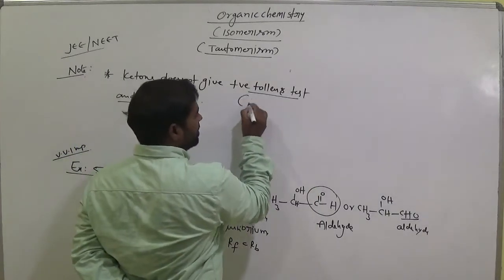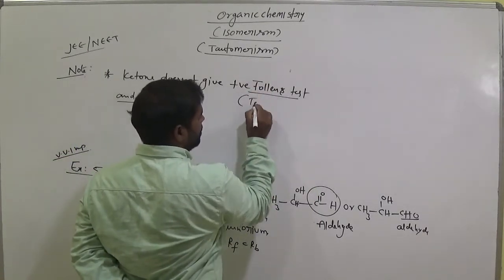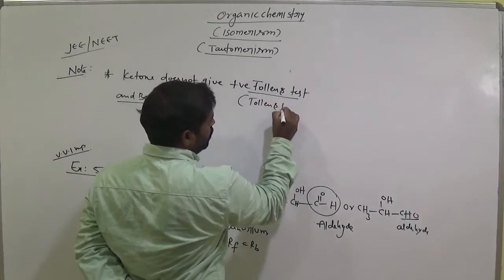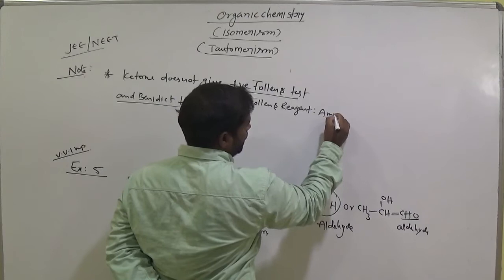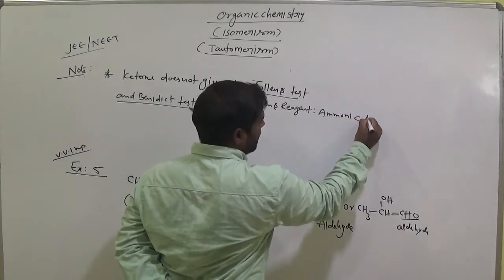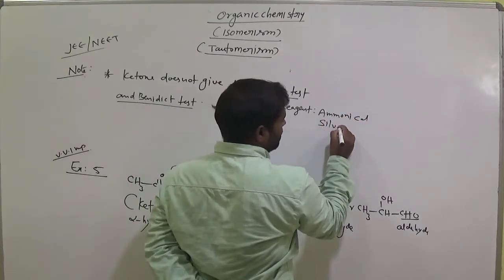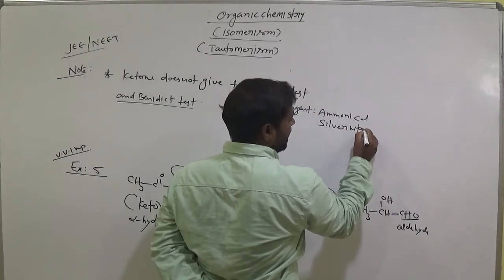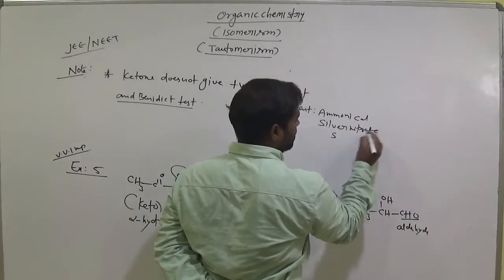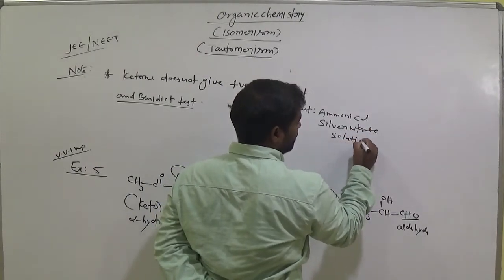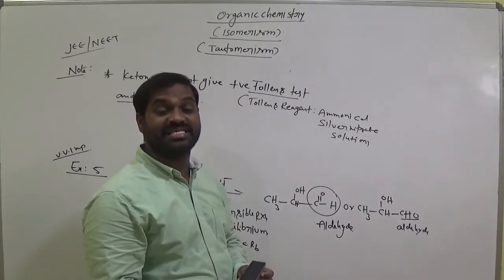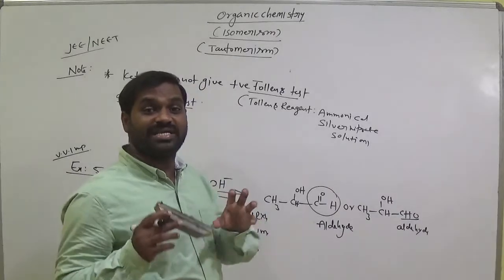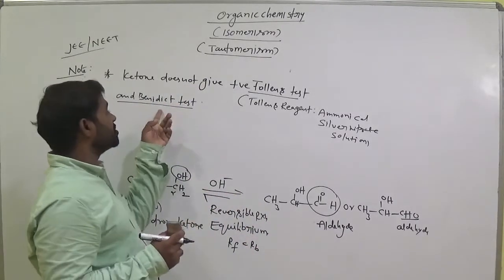Tollens reagent means ammoniacal silver nitrate solution. Ammoniacal silver nitrate solution is called Tollens reagent. That test is called the Tollens test. And we also have another solution, Benedict solution.